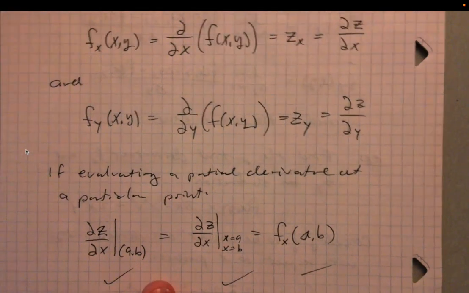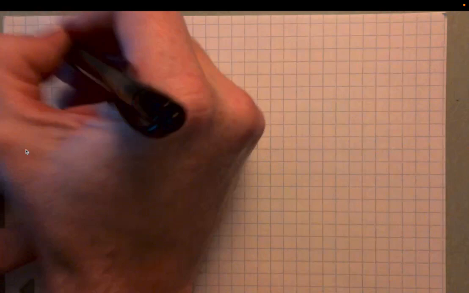Okay, let's do some examples, see if we can get comfortable with these. It's a lot like regular differentiation. You just have to be able to shift how you think about the other variables in the expression, into the mindset of, hey, these are constants now. So, okay, here's an example.